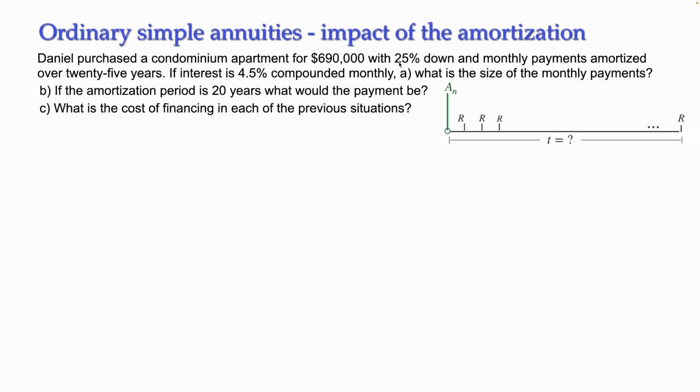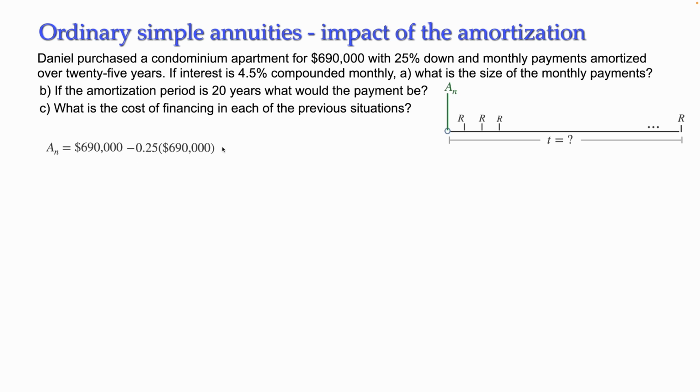You are not going to finance that. The present value will be 690,000 minus the amount included in the down payment. So that will be minus 25% of this 690,000. So get a calculator to know what is actually the finance amount.